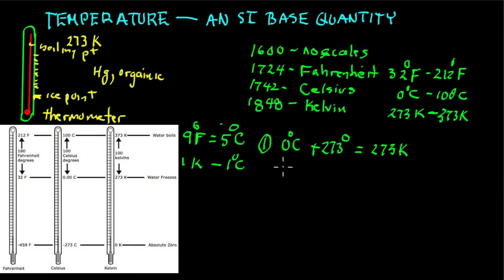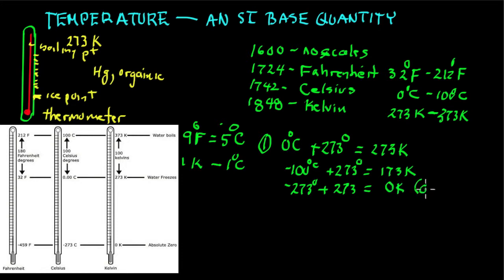Another example, let's say you're starting with minus 100 degrees Celsius. Add 273, and you come out with 173 Kelvin. If you add 273 to minus 273 degrees Celsius, you come out with 0 Kelvin, and that's called absolute zero.